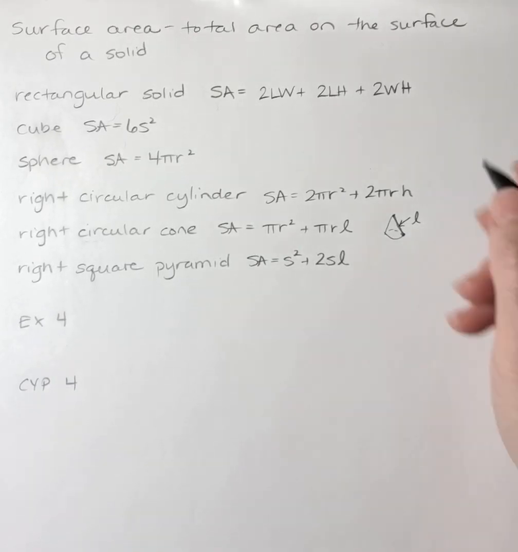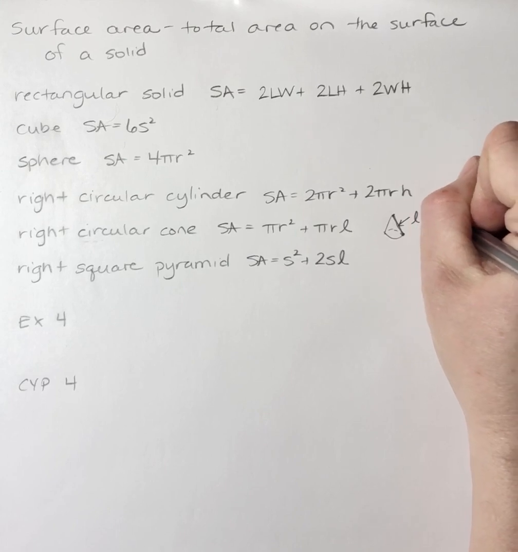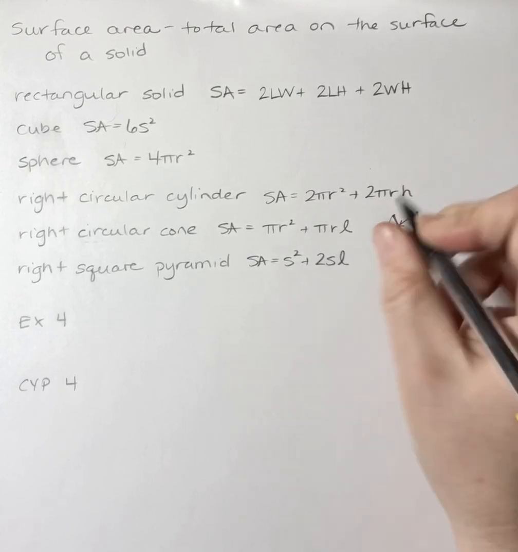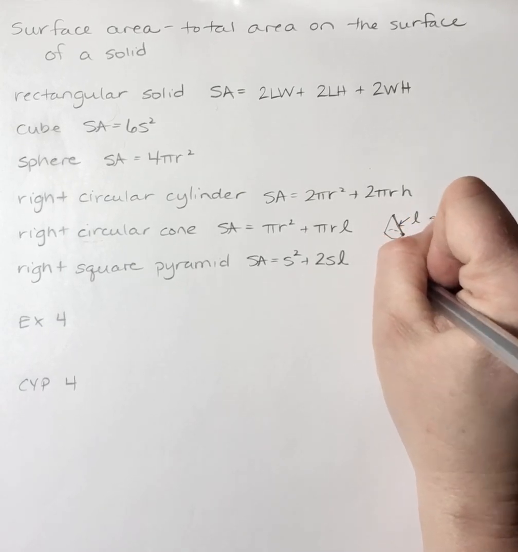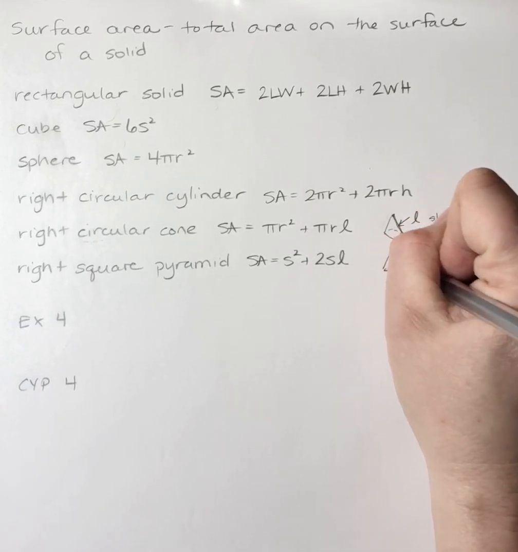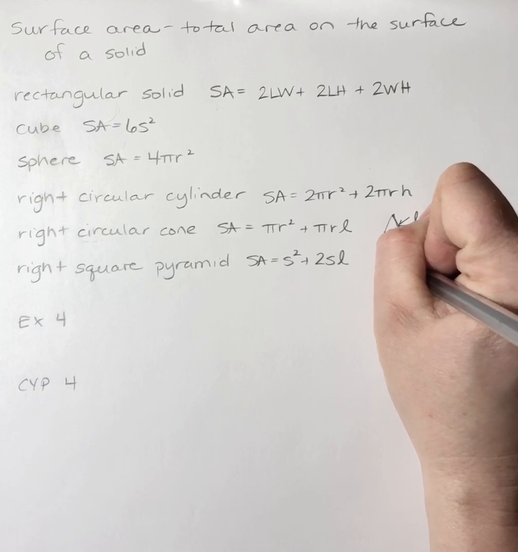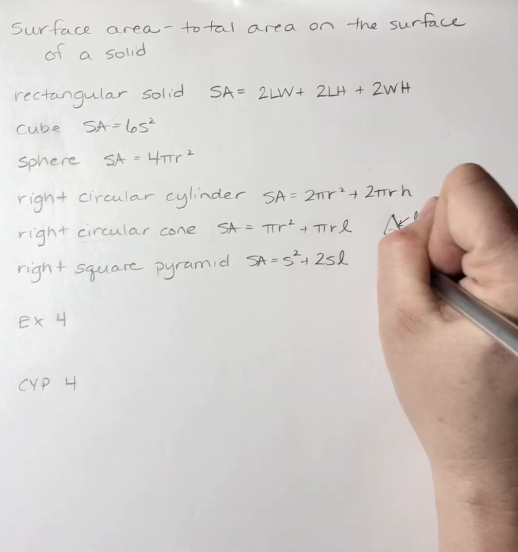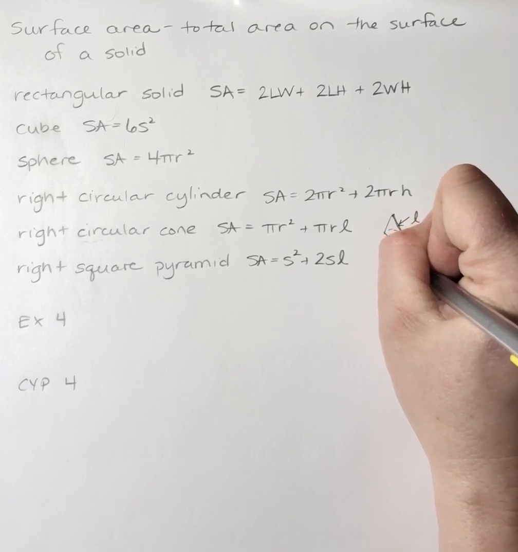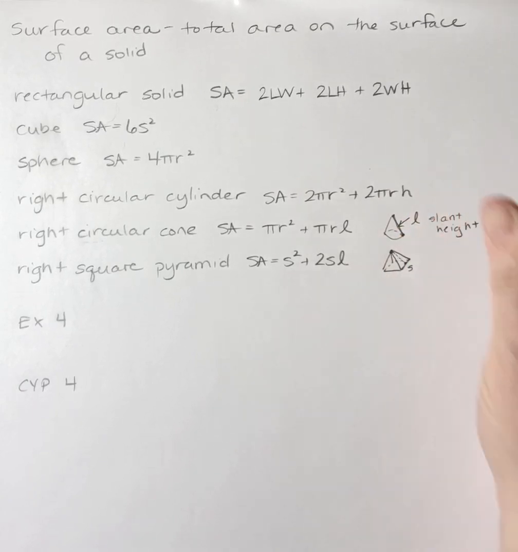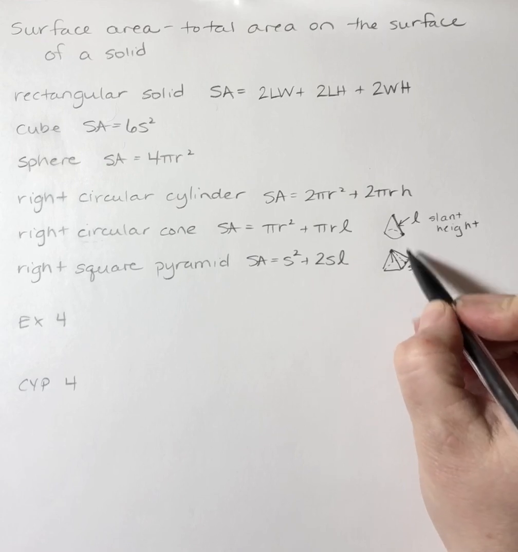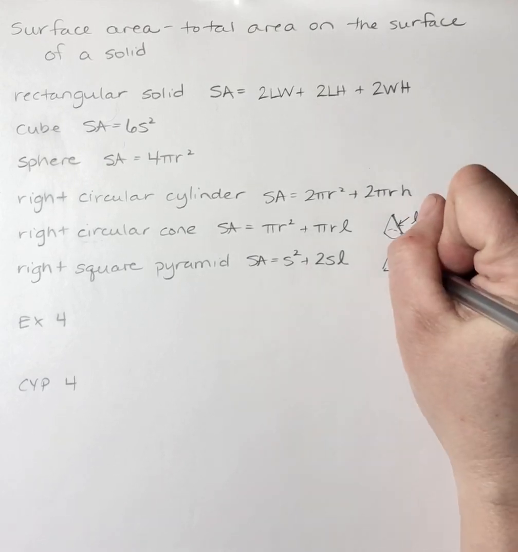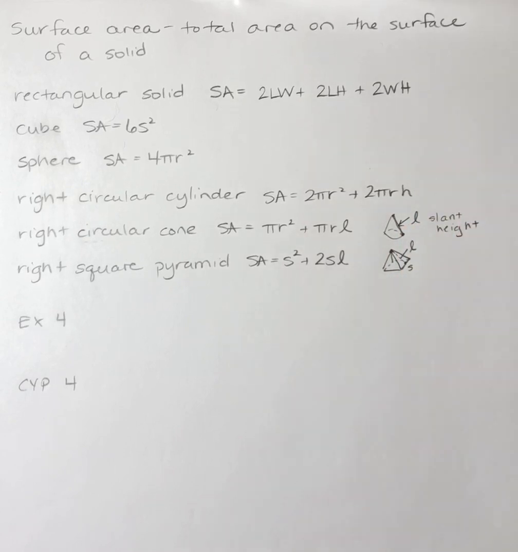So again, this L is your slant height. And in a square pyramid, where my bottom is a square, your slant height is this right here. So it's kind of like on a cone. It's harder to find on a cone, but it goes from the top to the middle of a side. That is your slant height, okay?